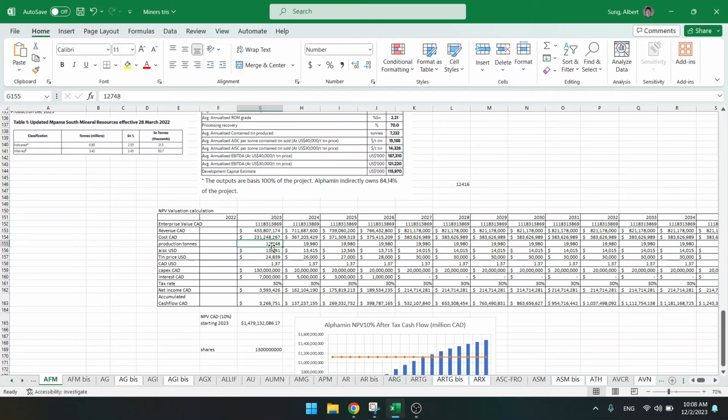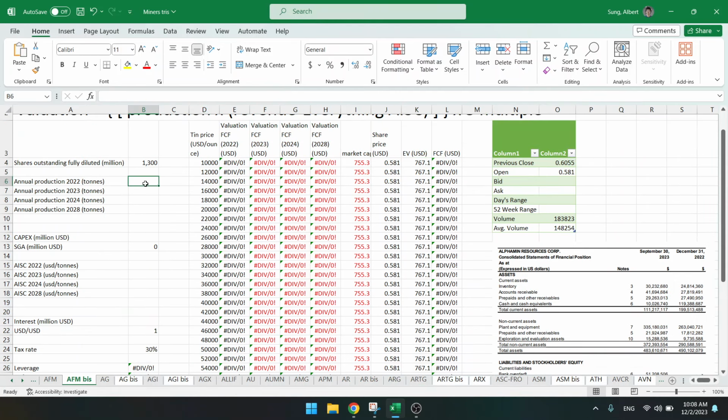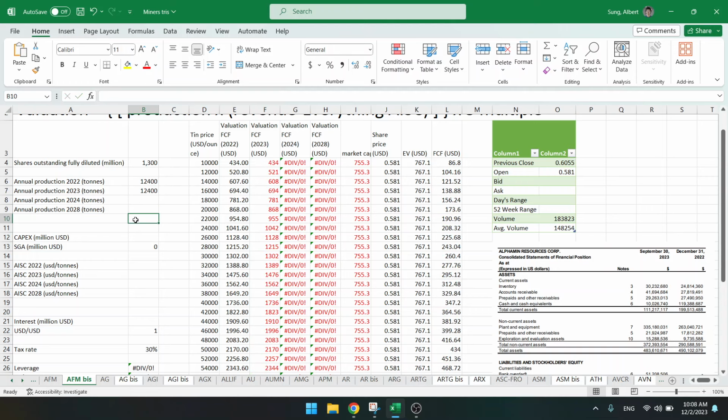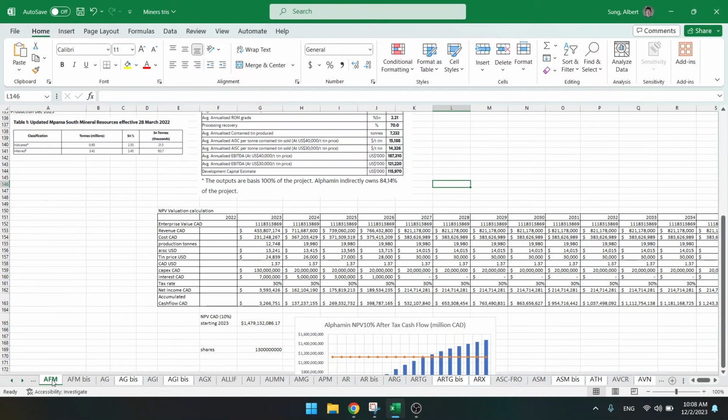Yeah, that's about the number that I have. Yeah, let's use 12,400 production per year. This will give revenue of 400 million.